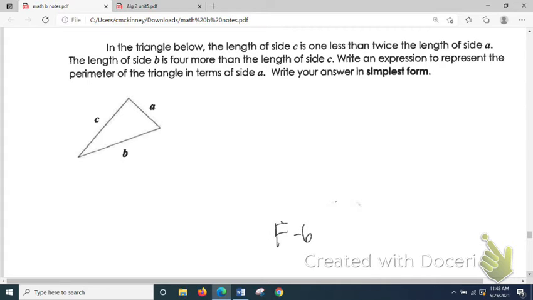As you can see, I've skipped on down a little bit to this one that is talking about the lengths of the sides.